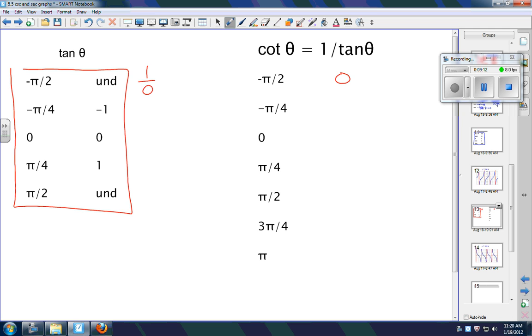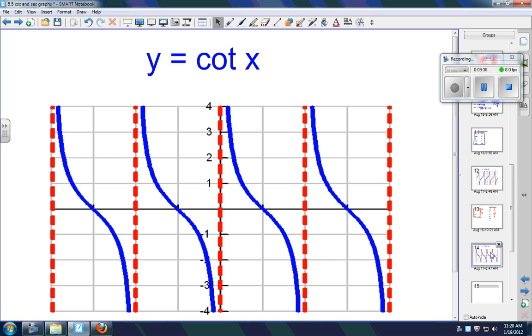If we reciprocal negative 1, we still get that. This guy used to be 0 over 1, so if we reciprocal that, we now get an undefined. Okay, and we continue this process. Okay, we'll get some points we can use for a cotangent. Here's what your cotangent looks like.